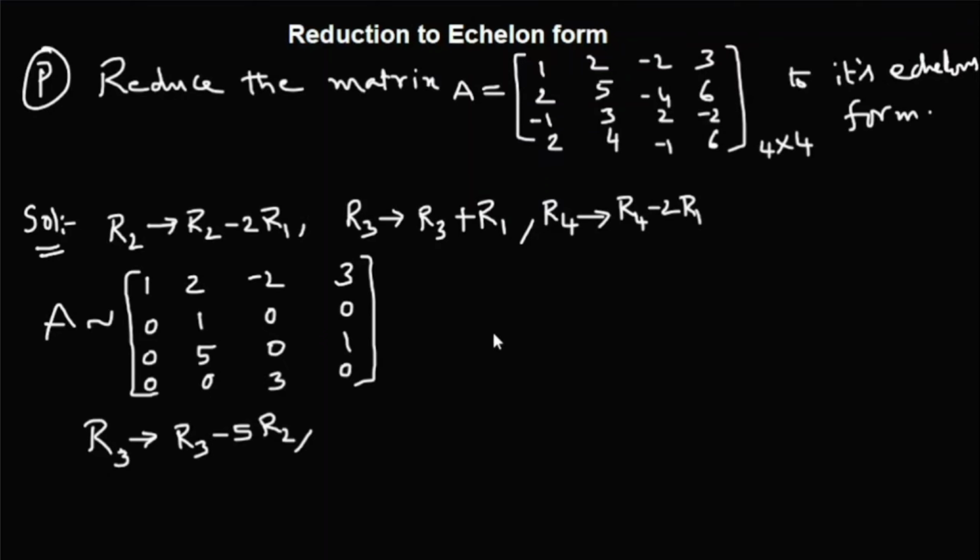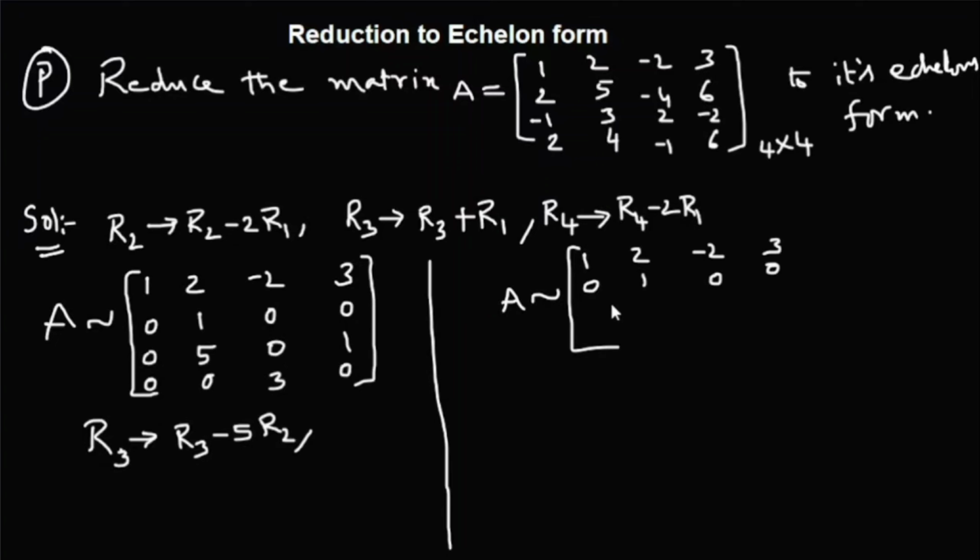So what we are going to get right here is the first row. We are not going to change 1 2 minus 2 3. 0 1 0 0. We are not going to change this also. Third row we are going to change. Okay, R3 minus 5R2. R3 minus 5R2.